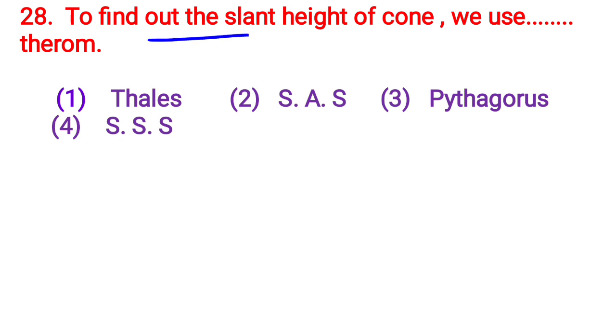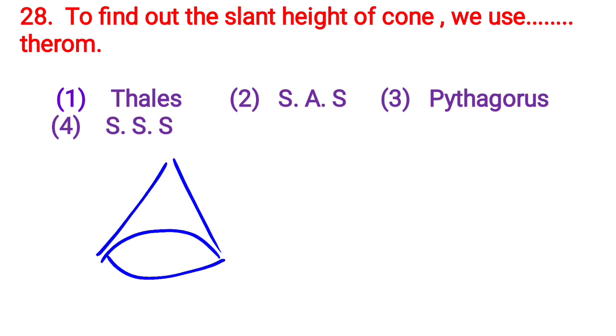To find out the slant height of a cone, we use dash theorem. So cone, let's draw the cone diagram. So this is a cone. So this is the radius and it is the vertical height denoted with small h, and this is the slant height. So to find out the slant height, which theorem is useful?